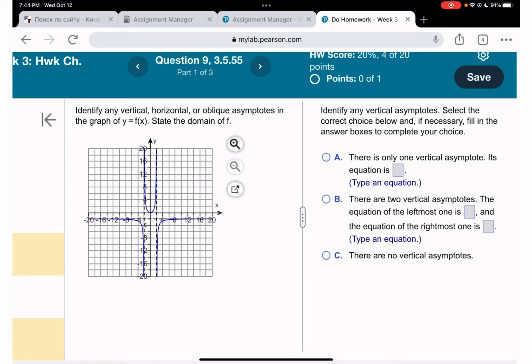We need to find which one, if there is any vertical, horizontal, or oblique asymptote. So let's find out which one can have a horizontal, vertical, or oblique asymptote.